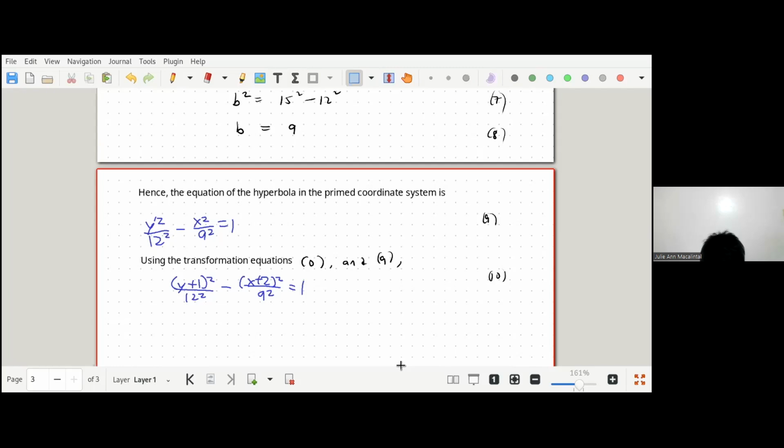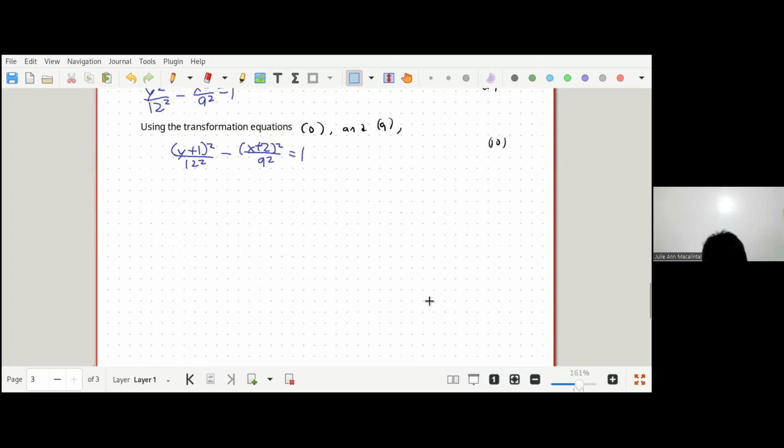May isang technique akong ginagawa. Ang ginagawa ko, every time I write an equation, automatic lalagyan ko ng number and then space.